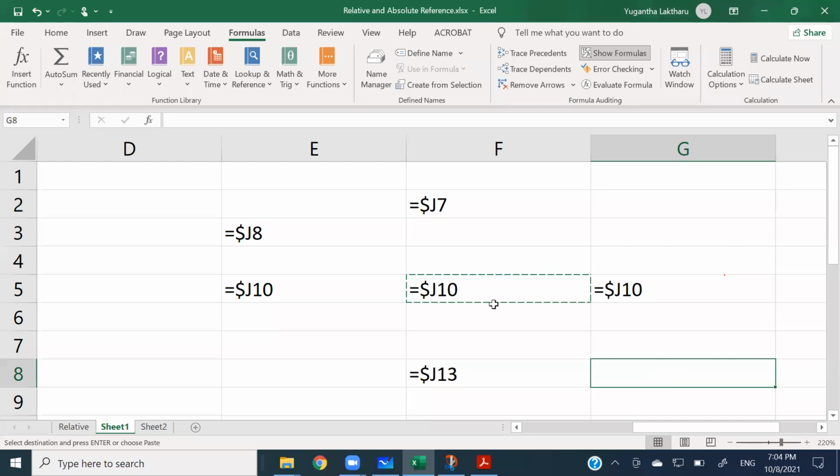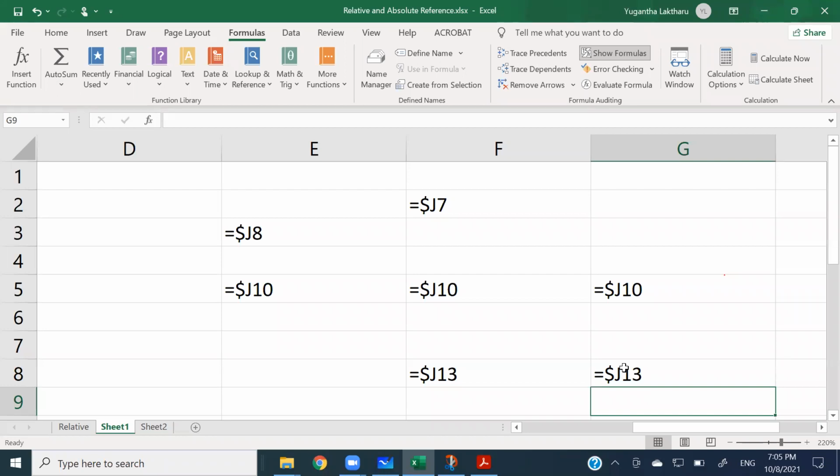Yes. So once we copy it over here, this will be equals $J. It is going to be as it is. It's not going to change. Then 10 will become 11, 12, and 13 because it comes 3 rows down. So it's $J13. Chanuri, that is the nature of the $J.